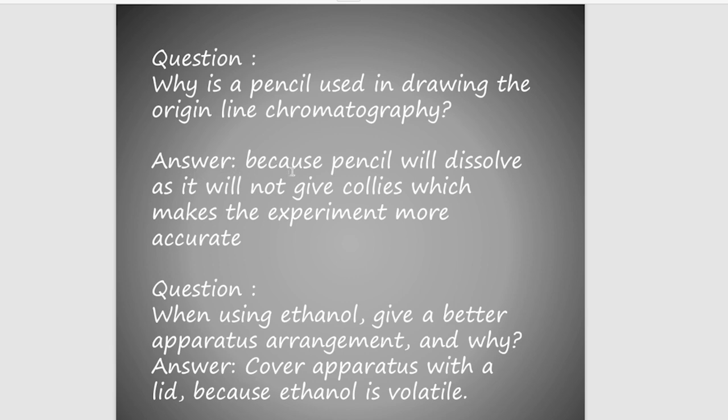The answer is that pencil will not dissolve as it will not give any color, which makes the experiment more accurate. It does not dissolve in the solvent and is not going to interrupt our results.